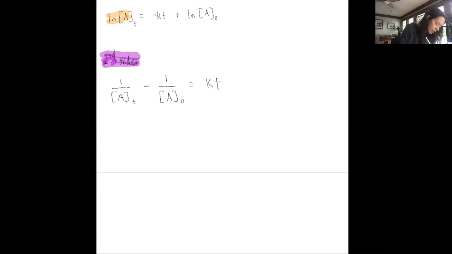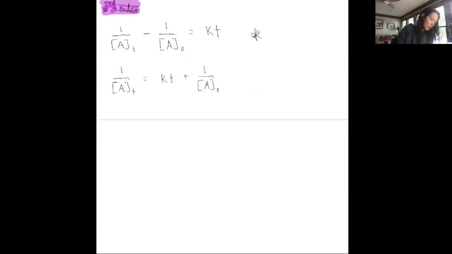Now, I can rearrange that to say the reciprocal of the concentration at a given time is equal to kt plus the initial reciprocal. Okay? Once again, this is what's provided on your equation sheet.